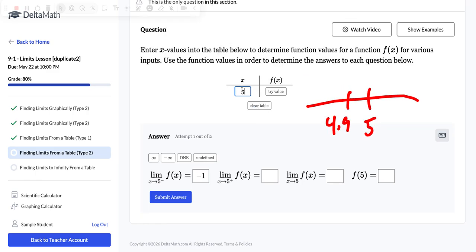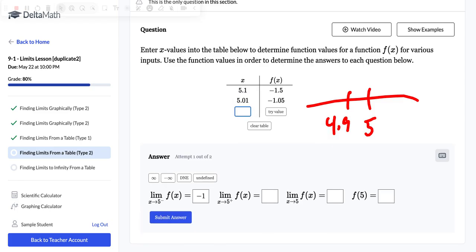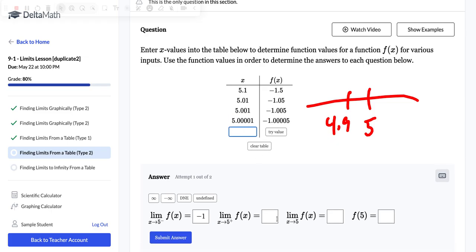From the other side, 5.1 would be close. 5.01 would be closer. 5.001, 5.00001. So that's also approaching -1. So following this rule, if the left-handed and the right-handed limit are the same, then the limit as x approaches 5, period, is -1.